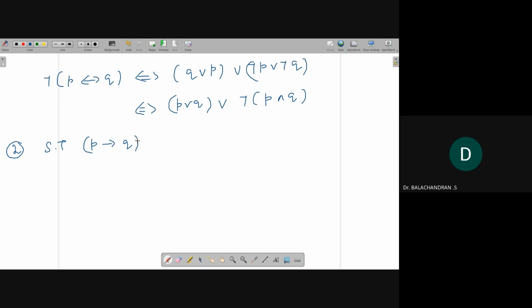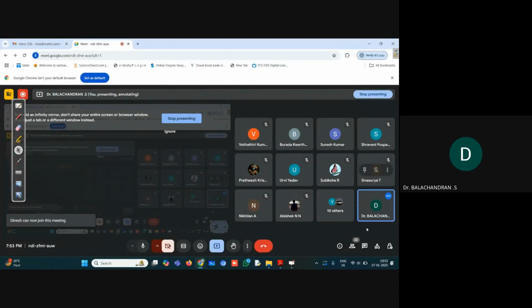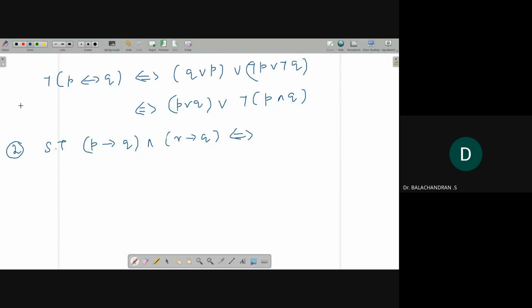So P implies Q and R implies Q is equivalent to P or R implies Q.